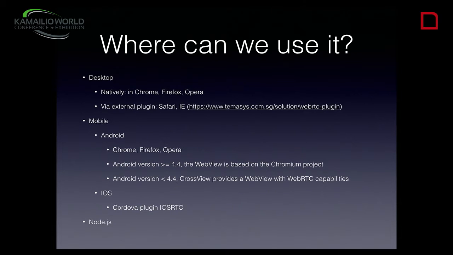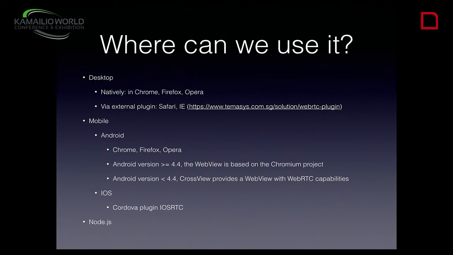Where can we use JsSIP? We can use it on the desktop, natively in the browsers: Chrome, Firefox, Opera. We can also use the Temasys plugin in Safari and Internet Explorer. Internet Explorer, I have to say that I haven't tested. And on Android, we can also use it in Chrome, Firefox, and Opera browsers.